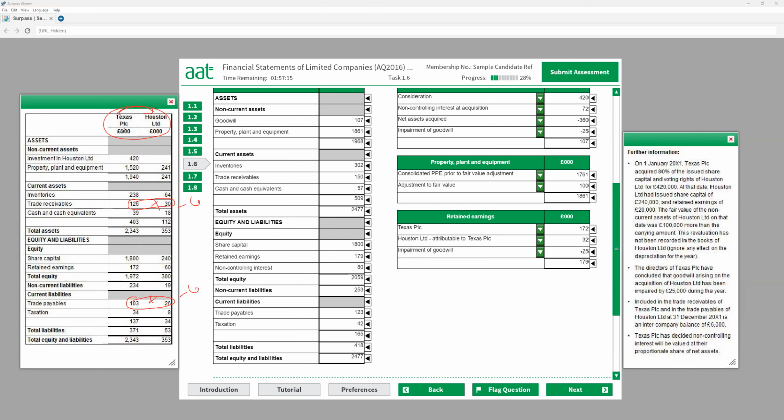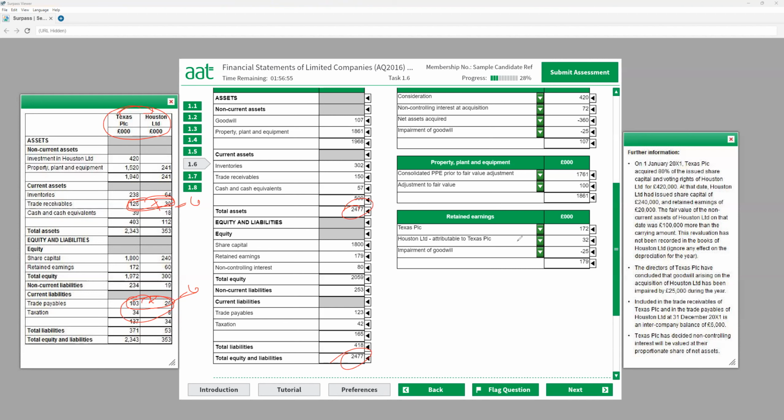So if they become one company, if they sell to each other, it's not a sale for them. For that reason, we have to take out the intercompany balance. So we added the trade receivables together, minus 6, added the trade payable, minus 6. So from both companies, the balance will be taken off. And after that, our financial statement will be balanced.